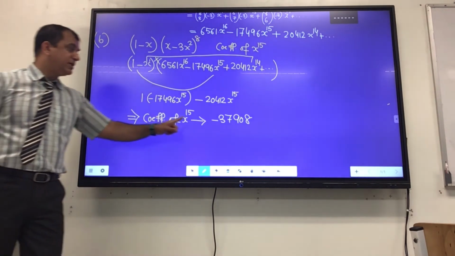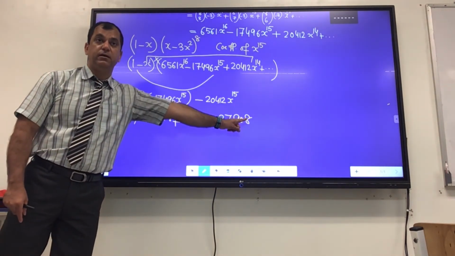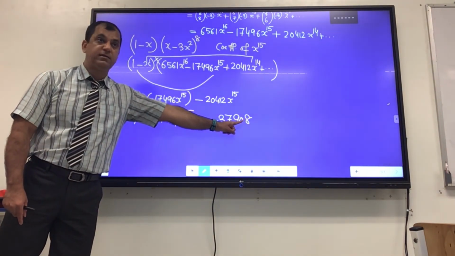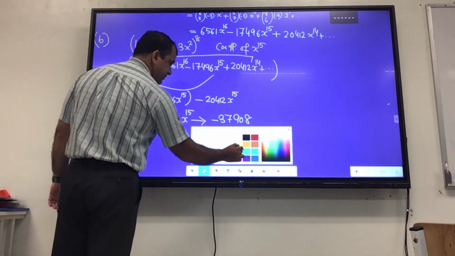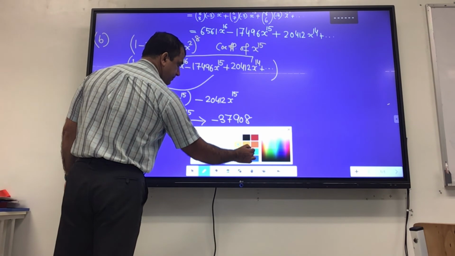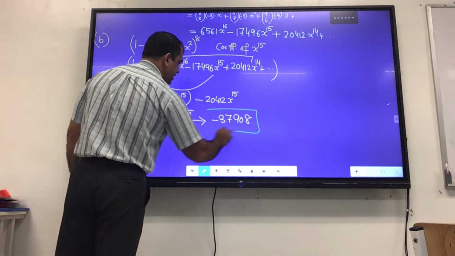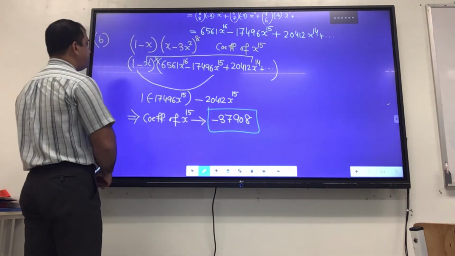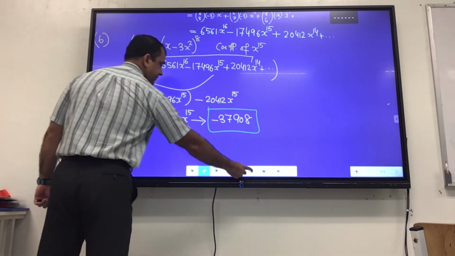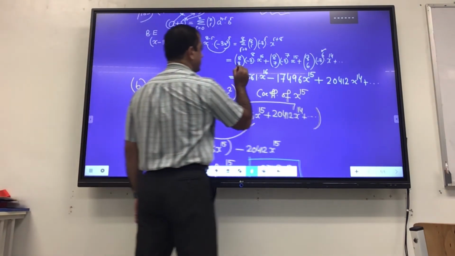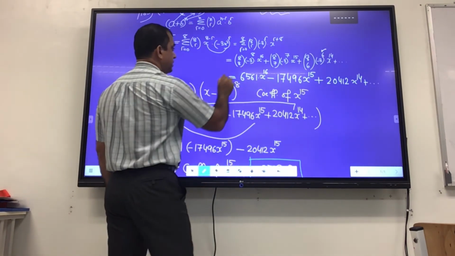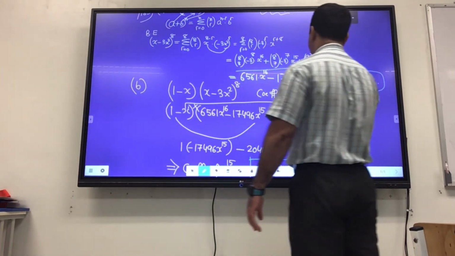Don't write x power 15 with it. The answer will be wrong. He's asking for only the coefficient. So now I will underline here. This is the answer to your B part, clear? And this is the answer to your A part.